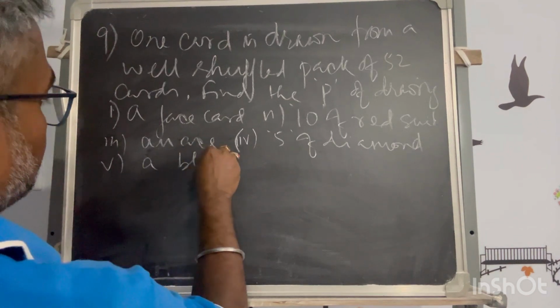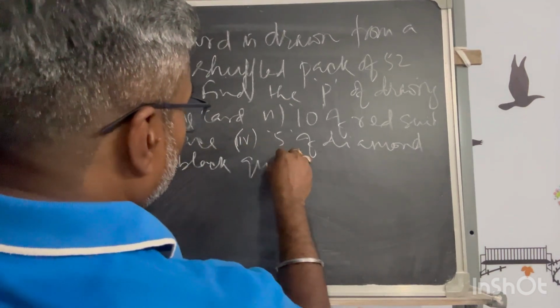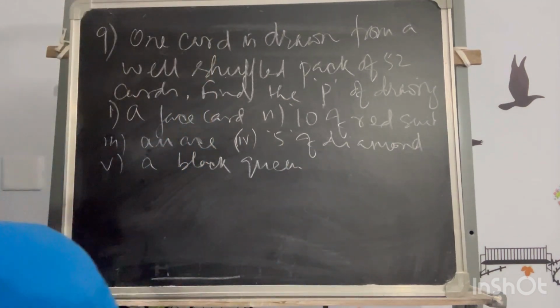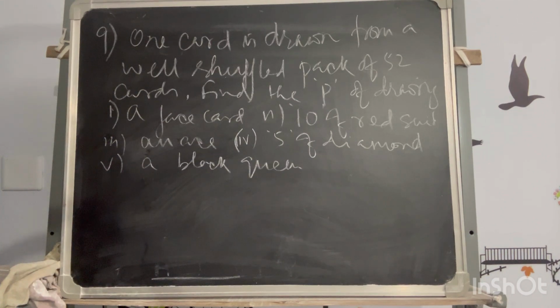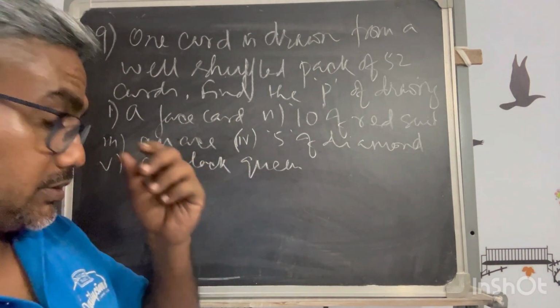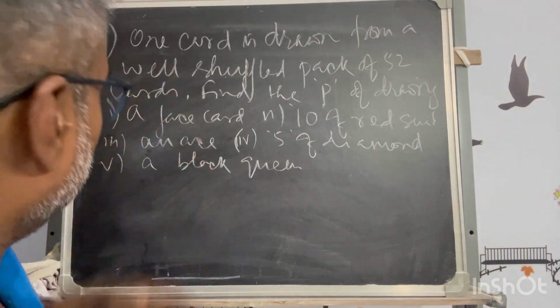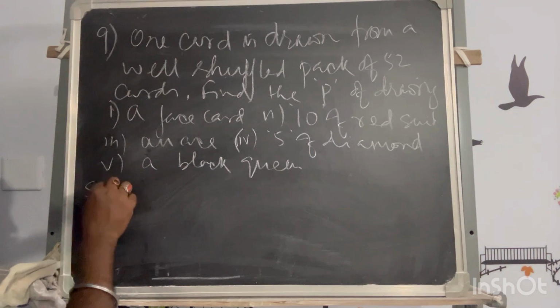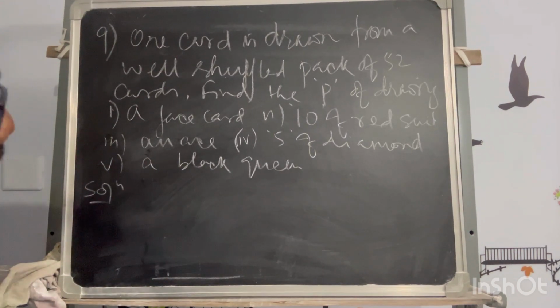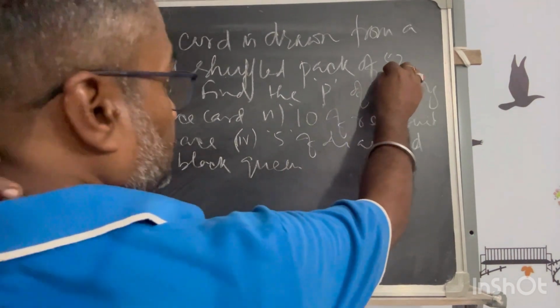Now, if you are familiar with playing cards, although I have discussed this during my theory classes in probability, I will explain it again. There are always 52 cards.